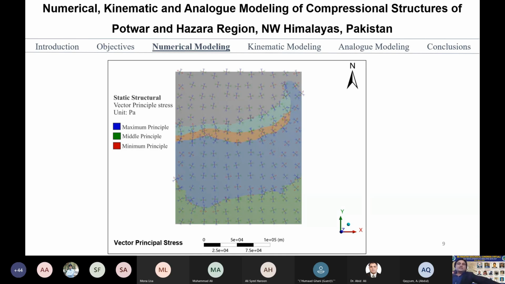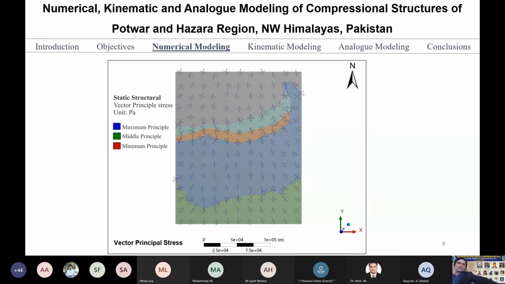And you can observe maximum stress rotation along the syntaxis part, and also on the western side of the Panjal thrust. The next stress rotation you can observe at the Nathia Gali thrust and the MBT, main boundary thrust. These rotations are due to the change in angle of the fault plane.